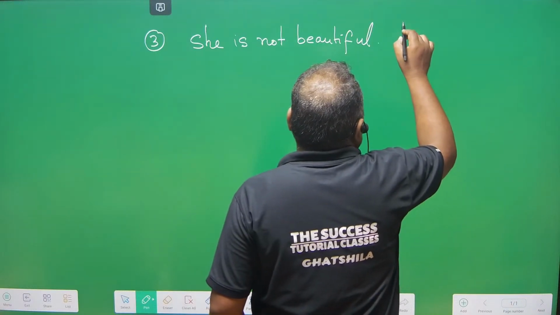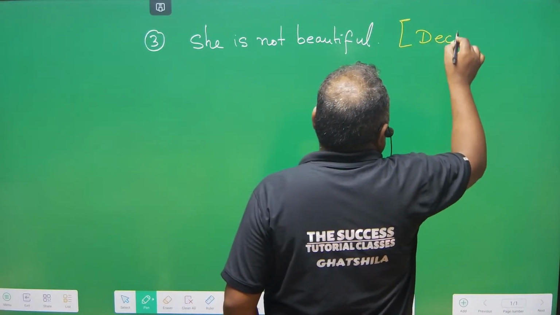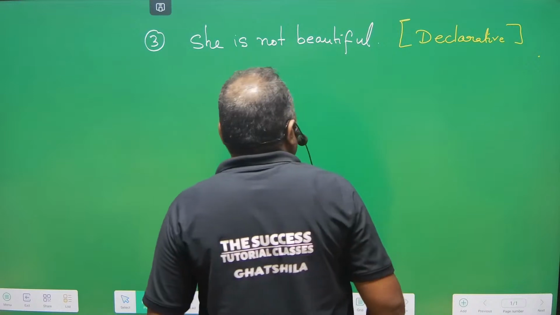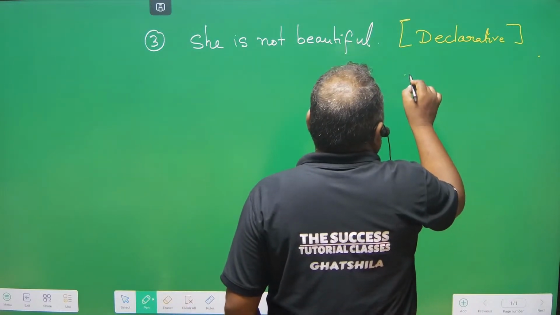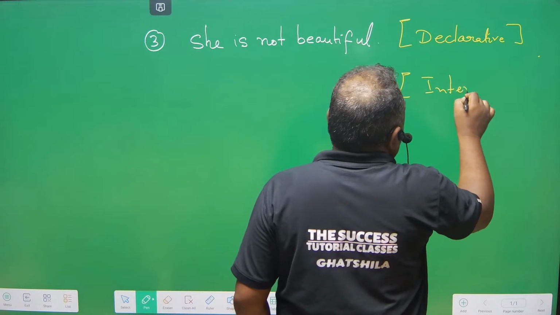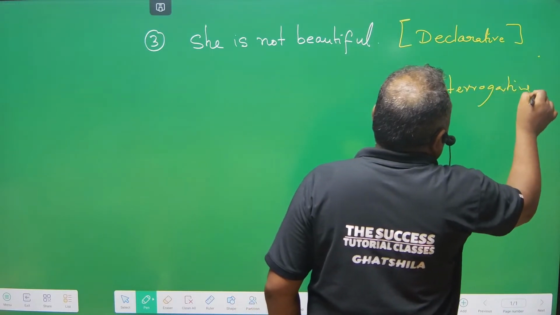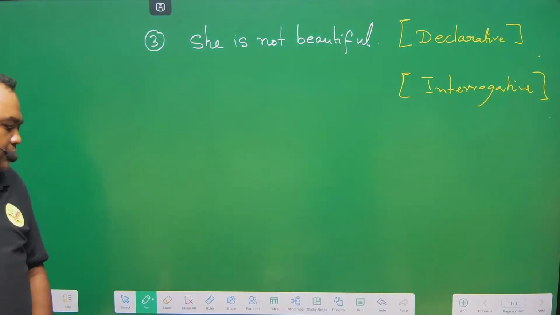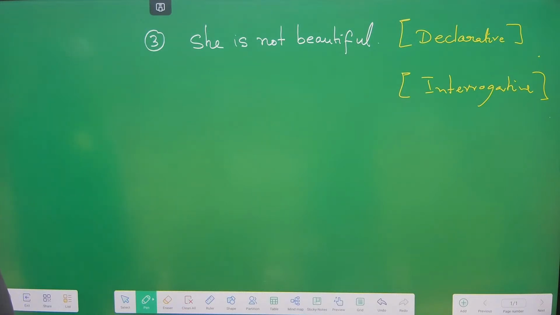This sentence is in declarative form. So you have to change it. You have to convert it into interrogative form. Very simple question. She is not beautiful.